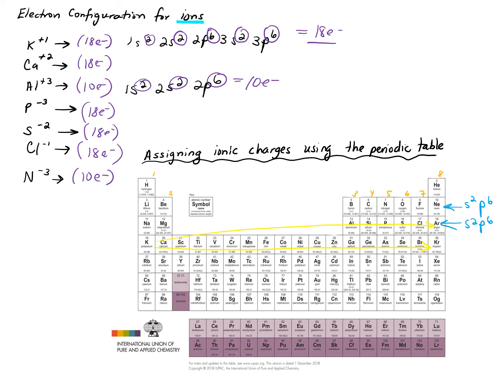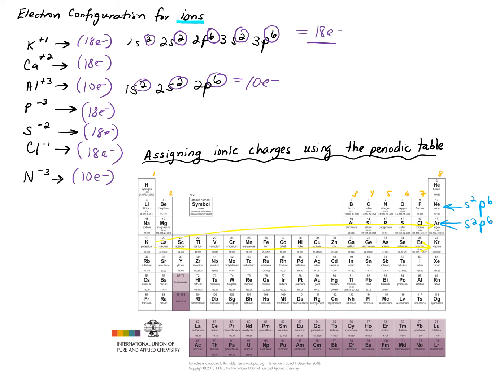To have the same electron configuration as krypton, it will have to gain 17 electrons to go from 19 to 36. The easiest one is for potassium to lose just 1 electron to go from 19 down to 18 and have the same electron configuration as argon.